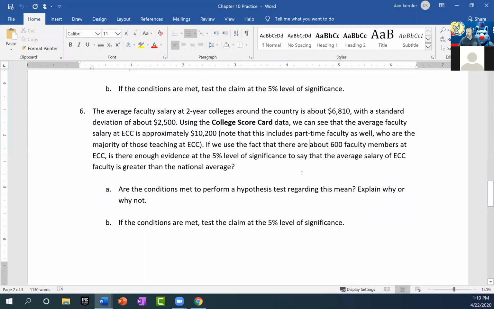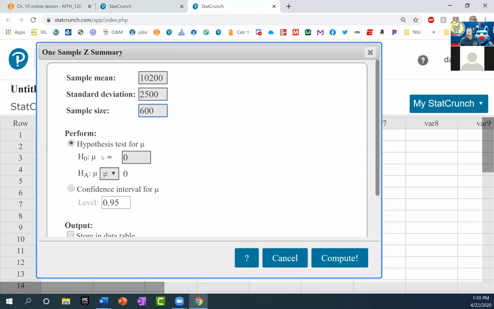About 600 faculty members. Is there enough evidence at the 5% level of significance to say the average salary is greater than the national average, which is 6,810? So I'm going to say the alternative is that it's greater than 6,810.